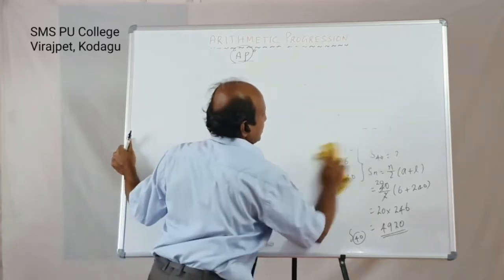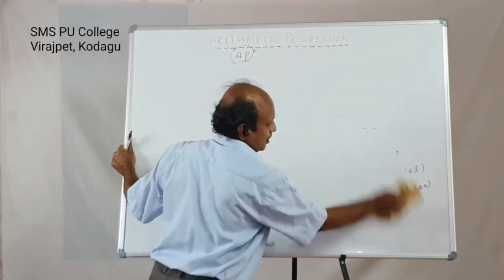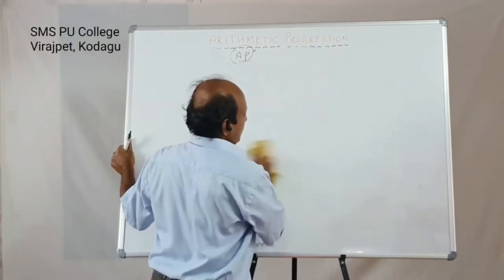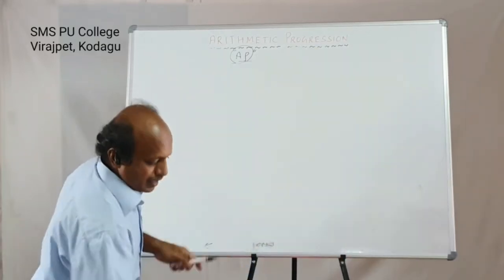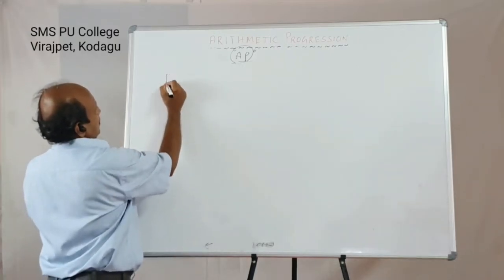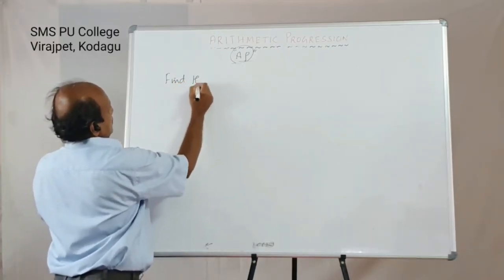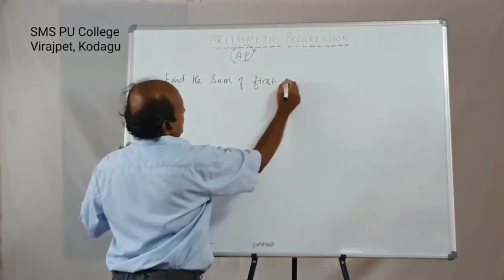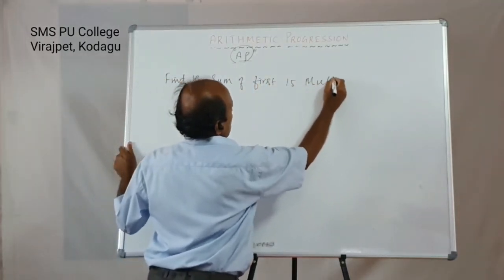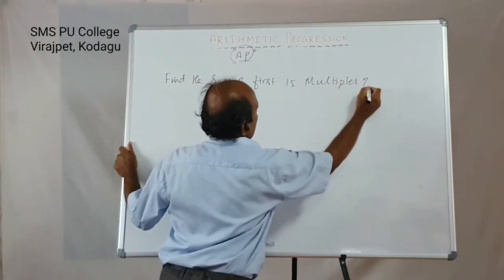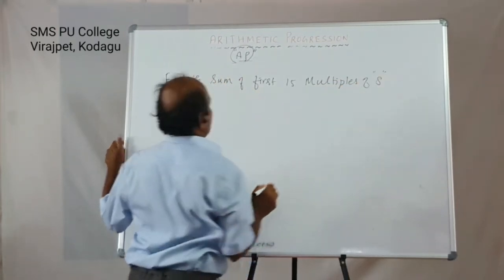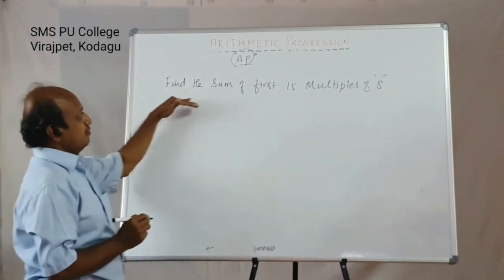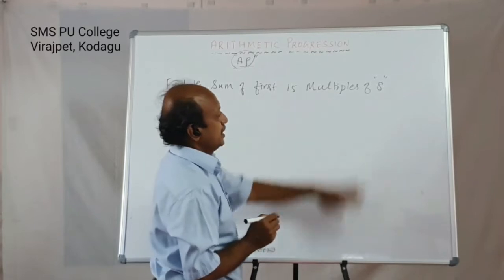Find the sum of the first 15 multiples of 8. Here, read the problem two or three times. The problem is: find the sum of the first 15 multiples of 8.